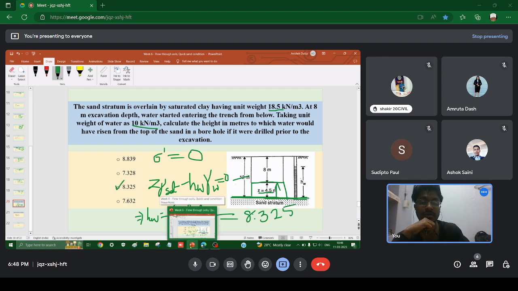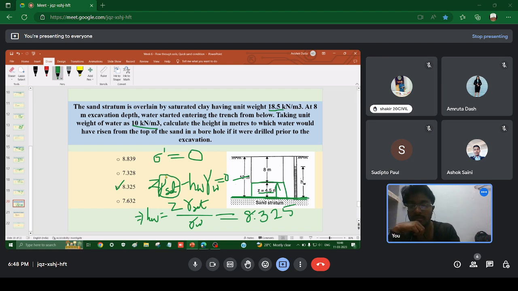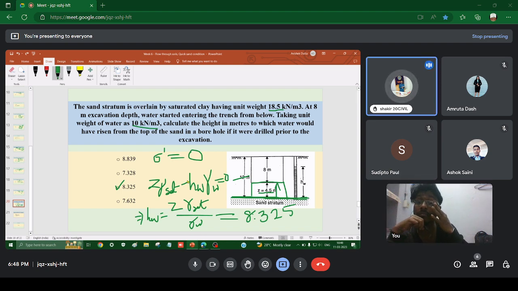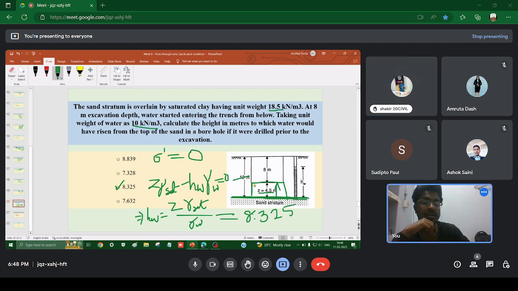Is the concept clear? Why am I using gamma sat over here, not gamma submerged? Let me repeat once again. I am considering the effective pressure on this sand stratum, so I am considering the pressure exerted by this clay layer.